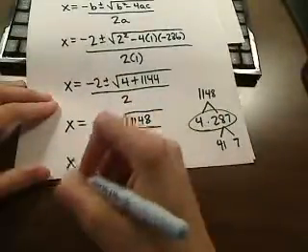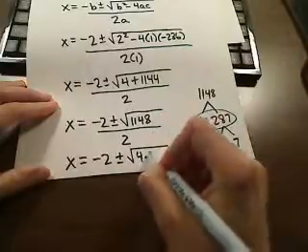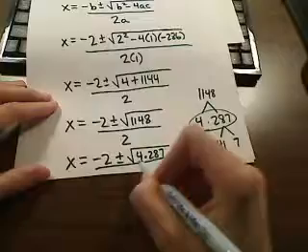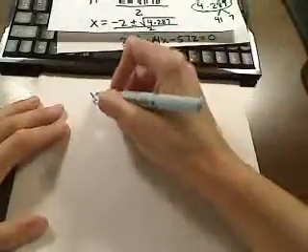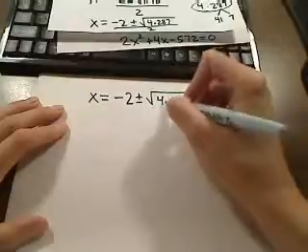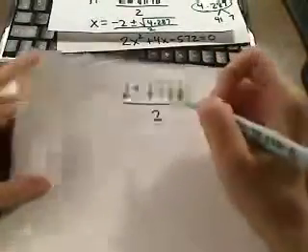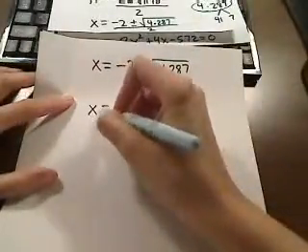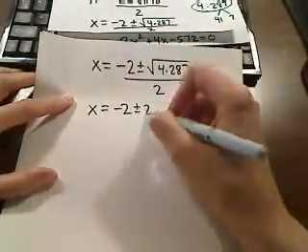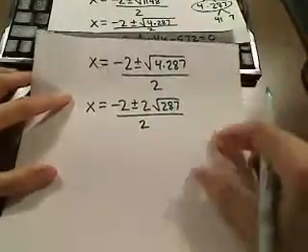Okay, so this is negative 2 plus or minus the square root of 4 times 287, all over 2. Okay, so let's go ahead and simplify, rewrite what we have here. So the square root of 4 is going to come out as a 2. So we have negative 2 plus or minus 2 square root of 287, all over 2.